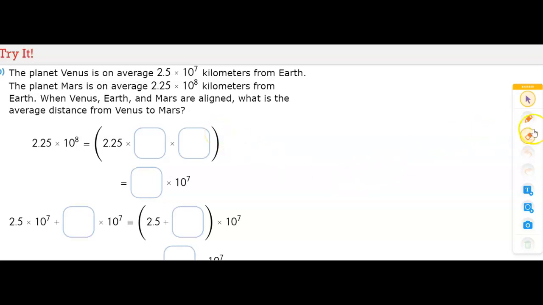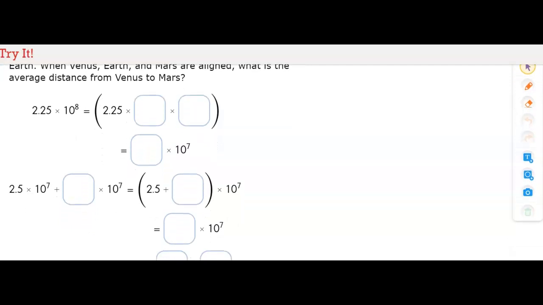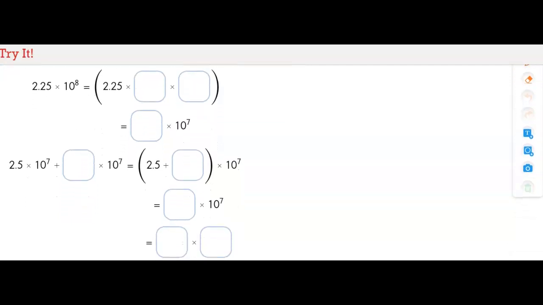So we need to rewrite our numbers. I'm going to take the 10 to the 8th power and make it 10 to the power of 1 times 10 to the power of 7.